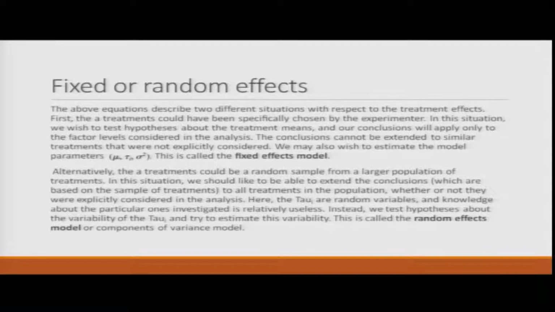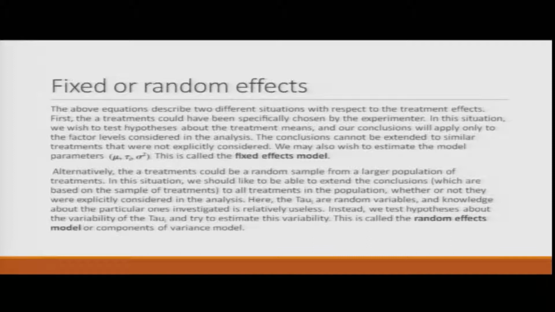Alternatively, the treatments can be random samples from a large population of treatments. In this situation, we would like to be able to extend the conclusions, which are based on the sample of treatments, to all treatments in the population, whether or not they are explicitly considered in the analysis.